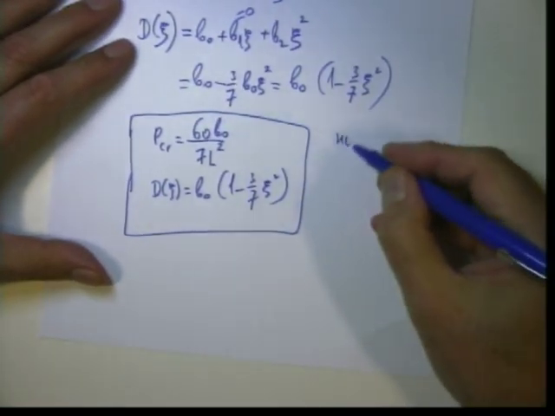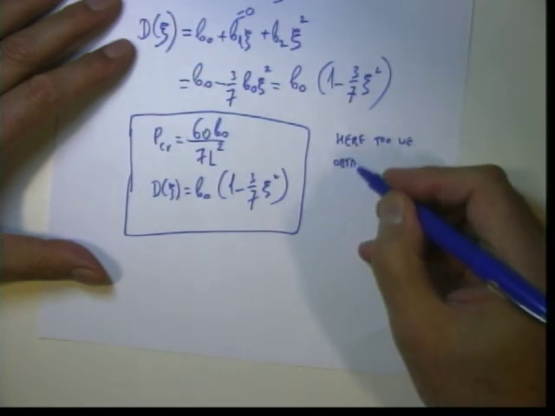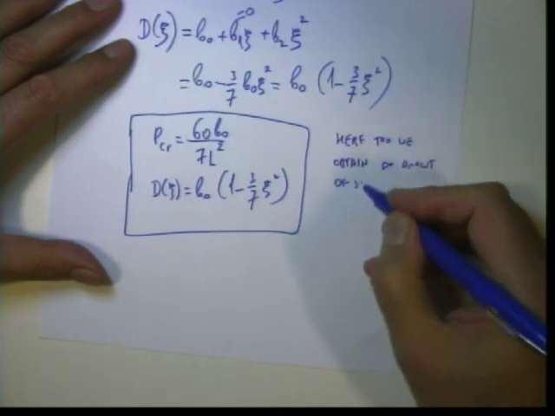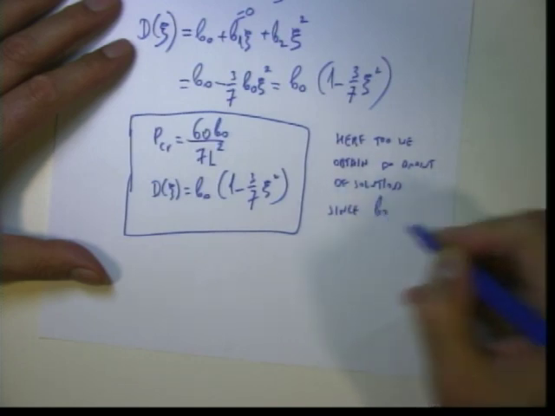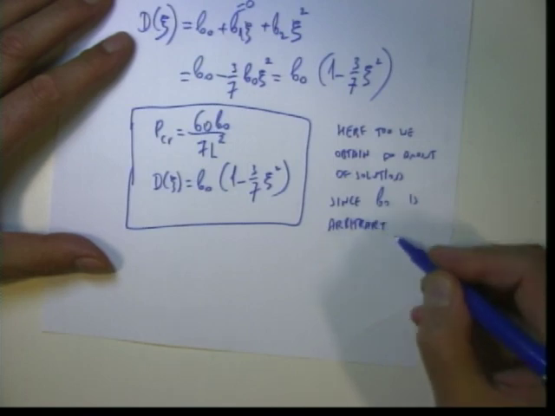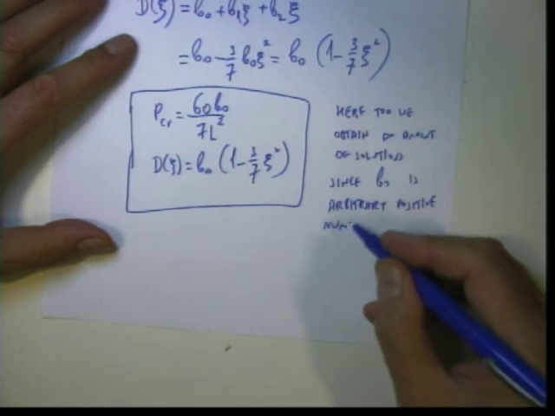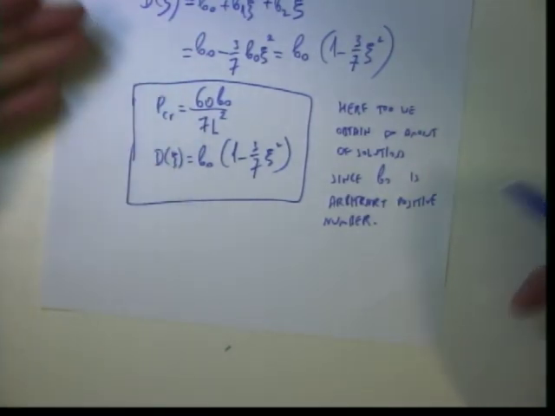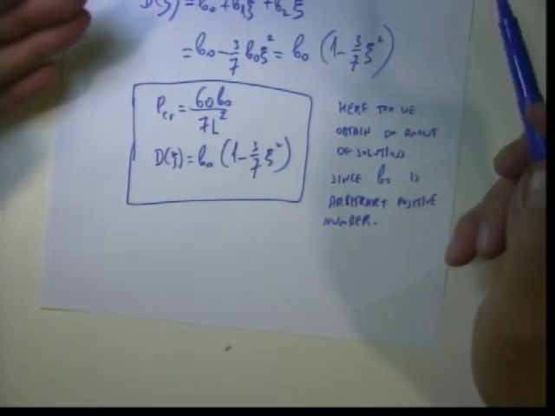So here too we obtain an infinite amount of solutions, since B0 is arbitrary, but an arbitrary positive number. Okay, there are many solutions. You can substitute for B0 whatever you want. We got an infinite amount of solutions.